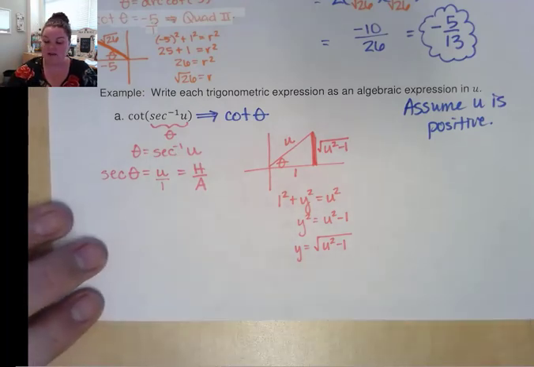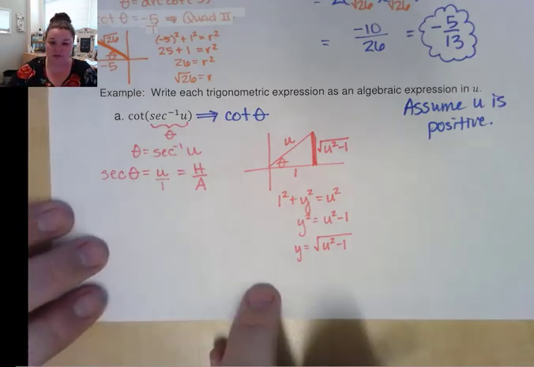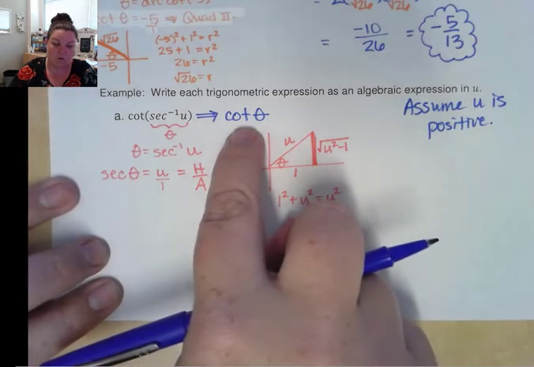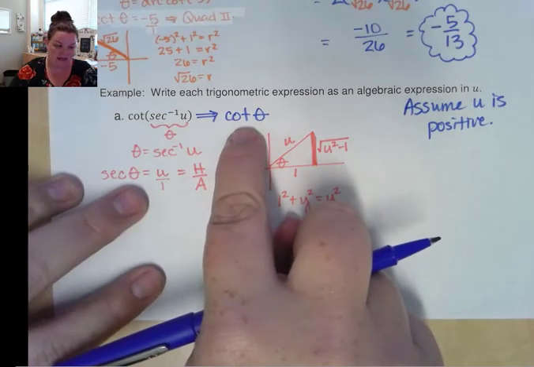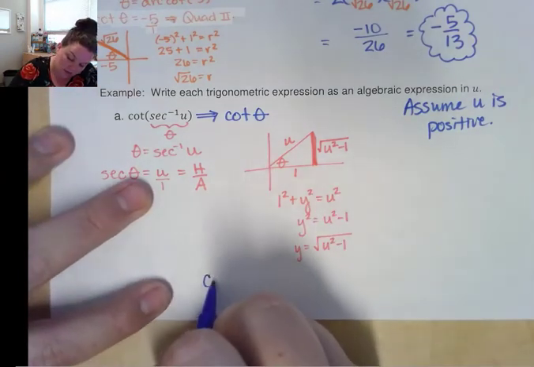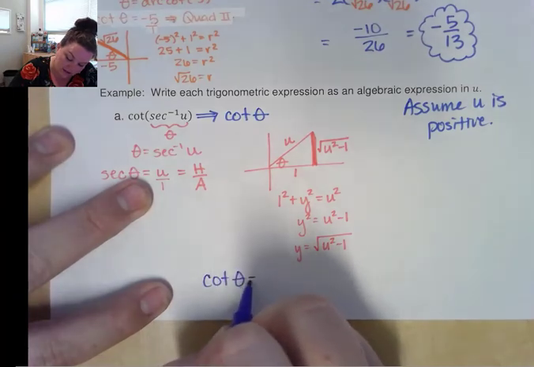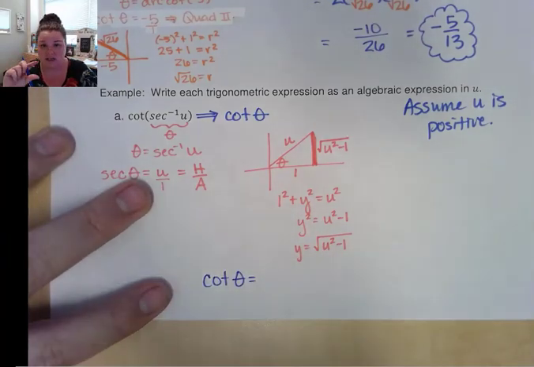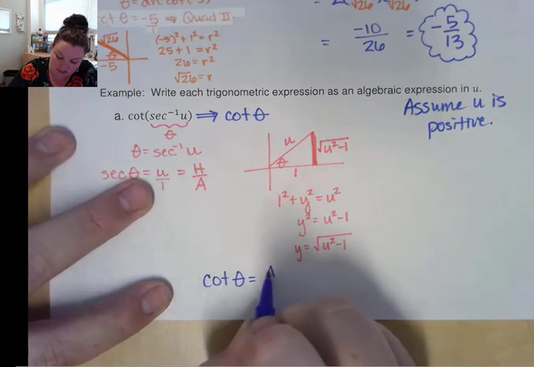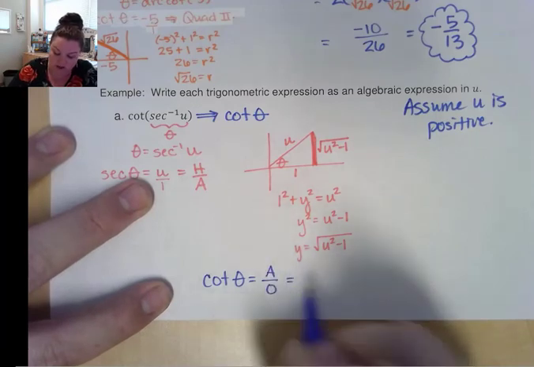Now that I have everything labeled, I just need to figure out what cotangent theta is. Remember, cotangent is the inverse of tangent. Tangent is opposite over adjacent. So cotangent is going to be adjacent over opposite.